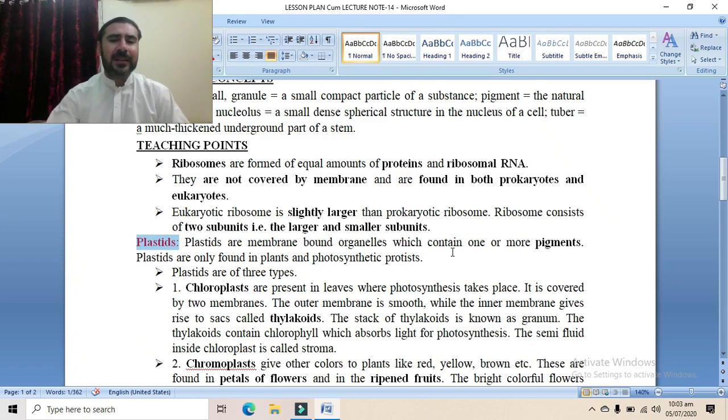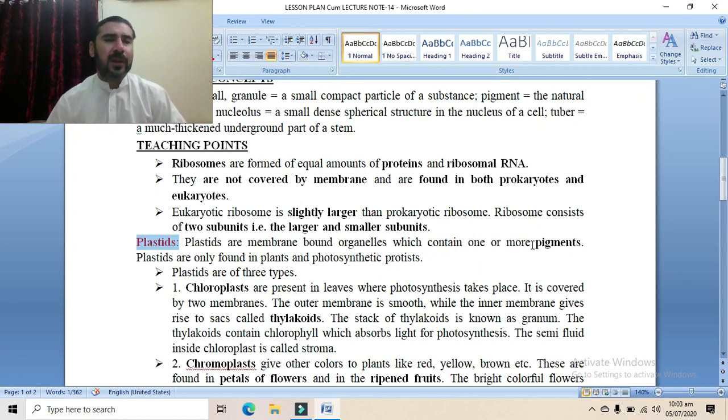Another important feature of these plastids is that they contain one or more pigments. Now what are pigments? Pigments are coloring molecules which give color to that particular organelle or structure in which they are found. Let's take some examples of pigments.